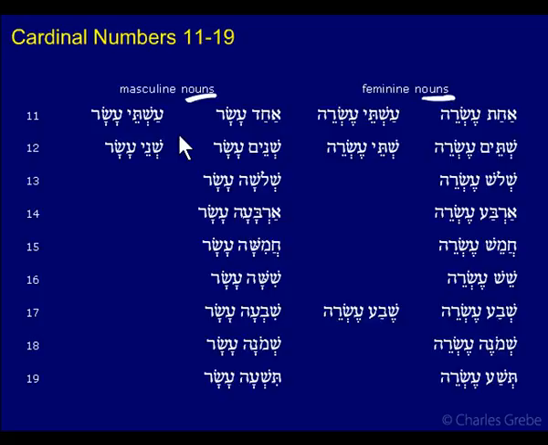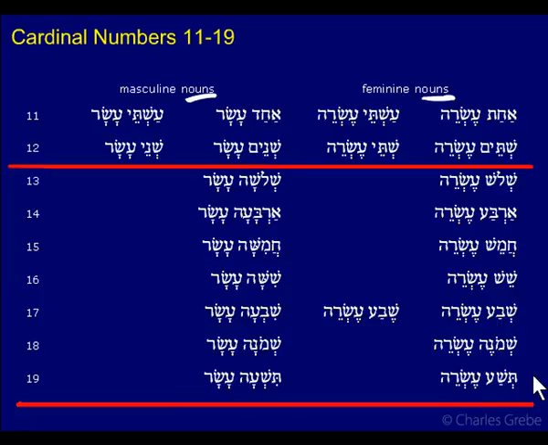But these ones here, let me change my color here. Let's pick red. So these numbers here, down to 19, all have the gender flip. Get it back to white.